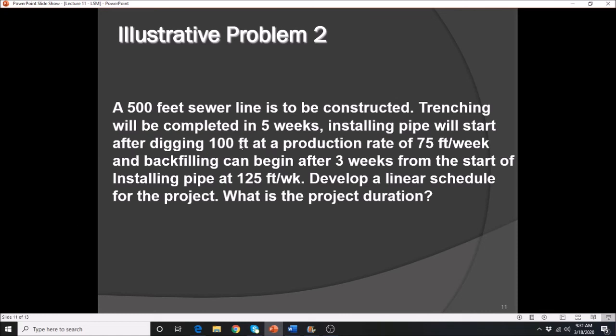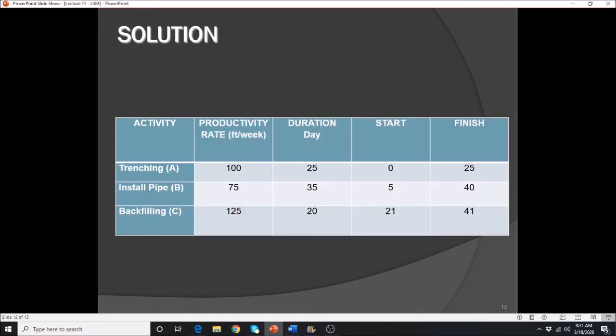You need to figure out the days from the productivity rate. So 100 feet divided by 100, that means that is 1 week, and 1 week corresponds to 5 days. So for the next activity, we can begin on the 5th day.